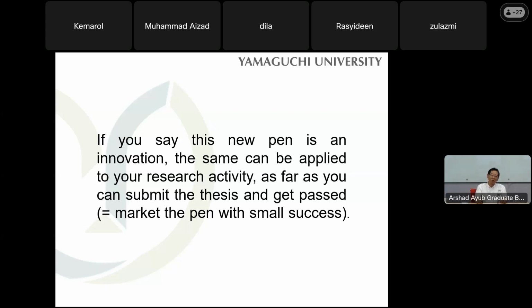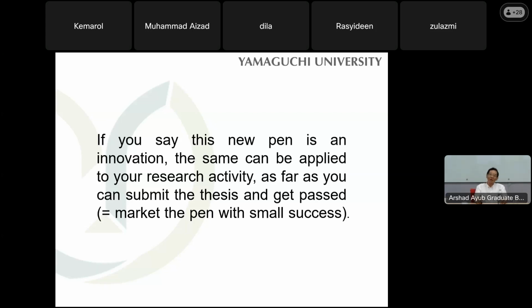If you get a lower grade yet passed, you experience small success. Or if you get the highest grade, your pen experiences big success.